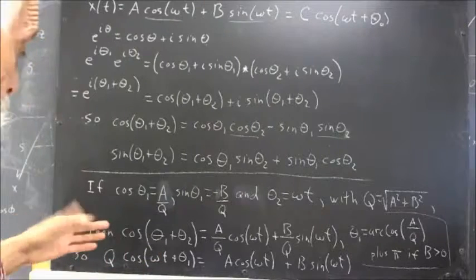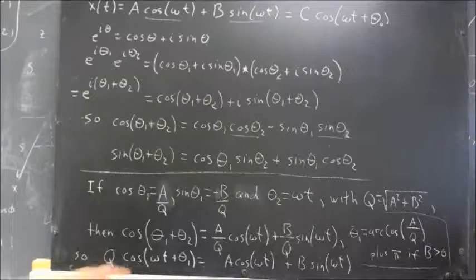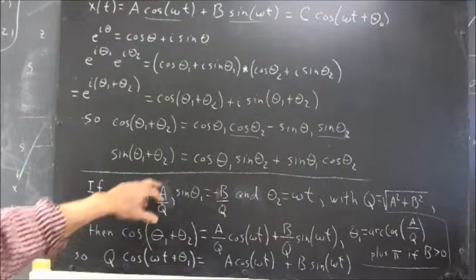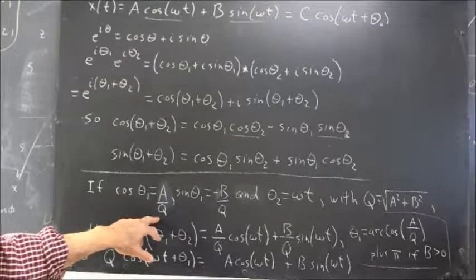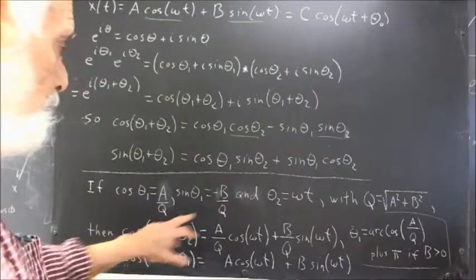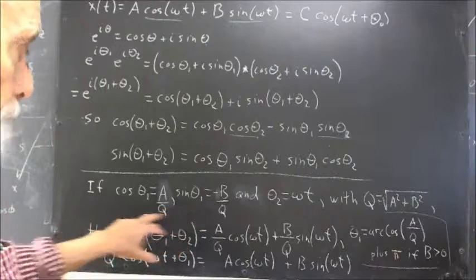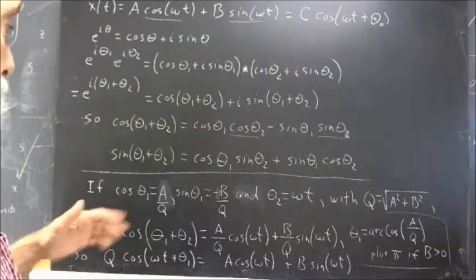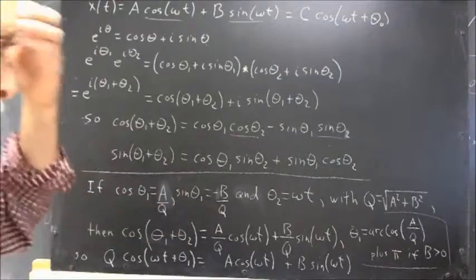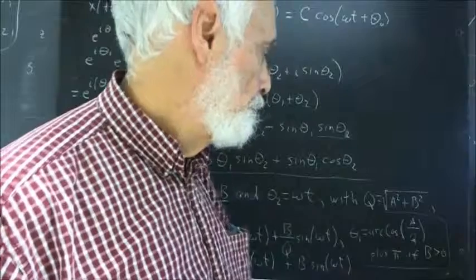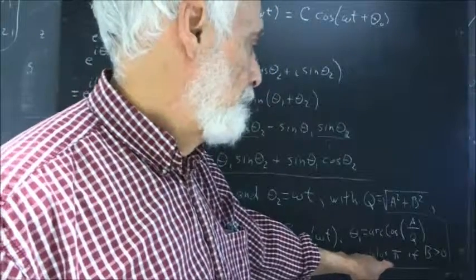Now, if we let theta 1, well, theta 1 will be the arc cosine of a over q, possibly plus 180 degrees or pi radians. And as it turns out, if you think of the definition of a vector, and if you think of this in terms of a vector in direction theta 1, you see that theta 1 is going to be the arc cosine of a over q plus pi if b is greater than 0.